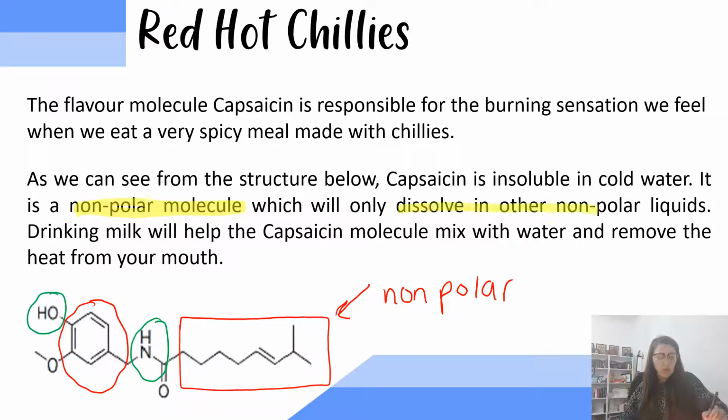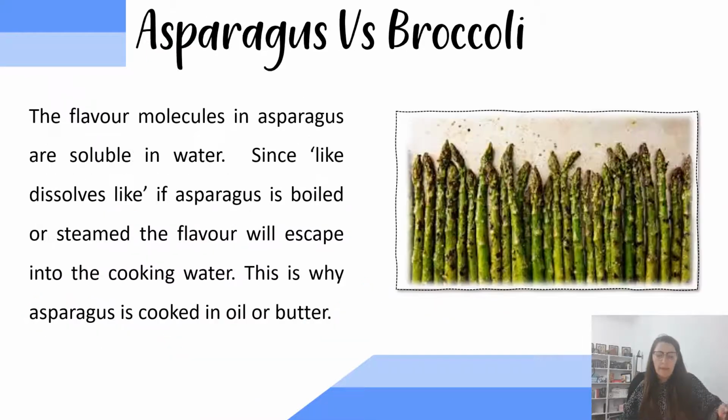So it will only dissolve in other non-polar liquids. So the best thing to do to get rid of the capsaicin flavour molecule, which has given you the burning sensation, is to drink milk, which is also non-polar, so that the capsaicin flavour molecules will dissolve in the milk and therefore take away that burning sensation.